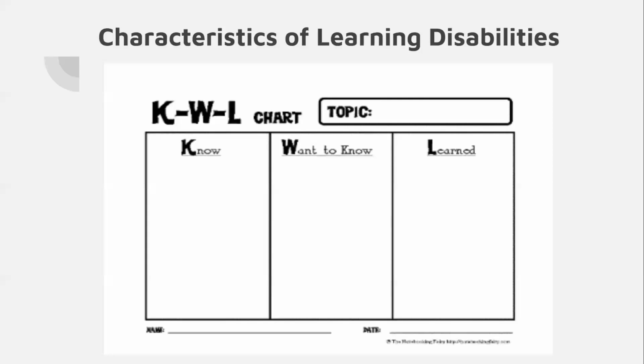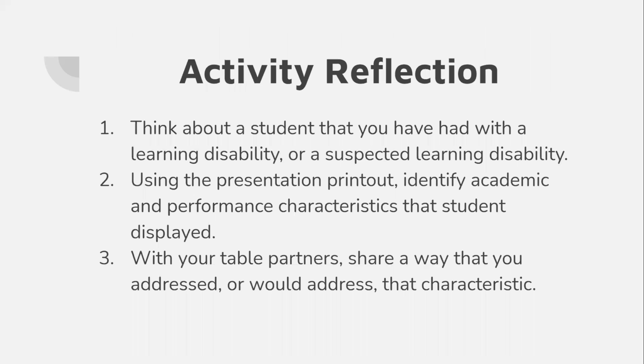Okay, at this point, you would fill in your KWL chart to think about, was there anything that you learned that you could write down? And for an activity reflection, either independently or with someone at your table, think about a student that you've had with a learning disability or a suspected learning disability.